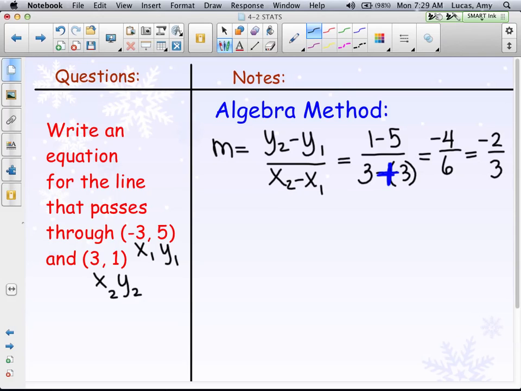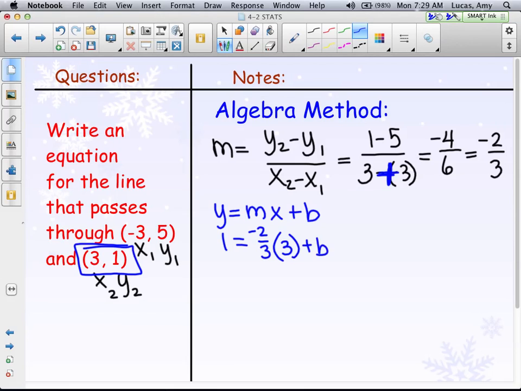Now, I can use my slope-intercept form like we worked on in the first part of this section. And I can use either one of these points for the x and y coordinate. I am going to select the second ordered pair because both of the values are positive. So y is 1, my slope is -2/3, my x coordinate is 3, and I need to solve to figure out my intercept.